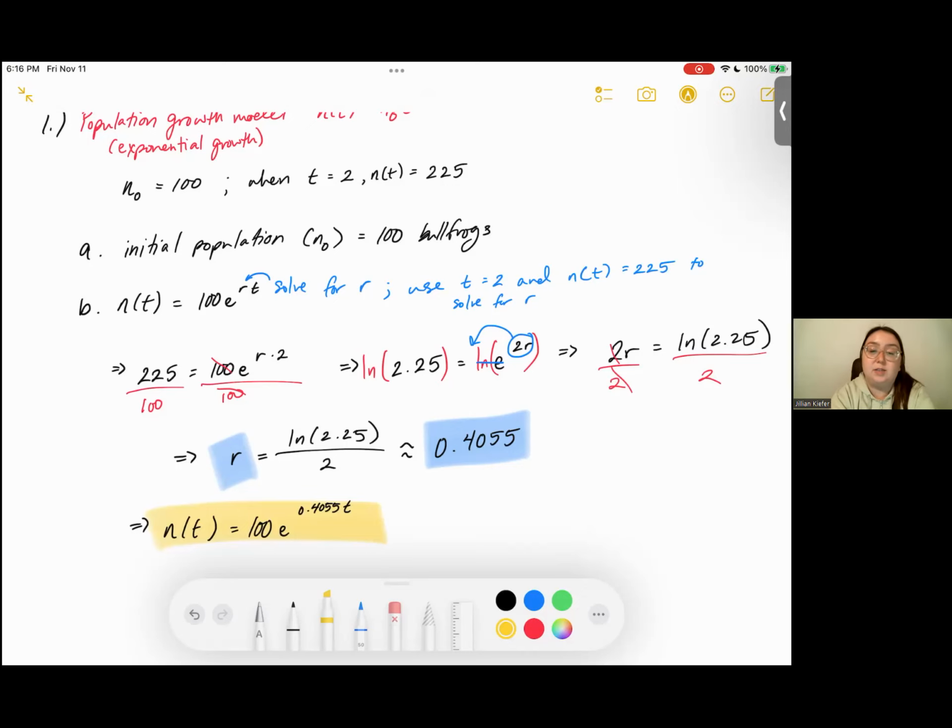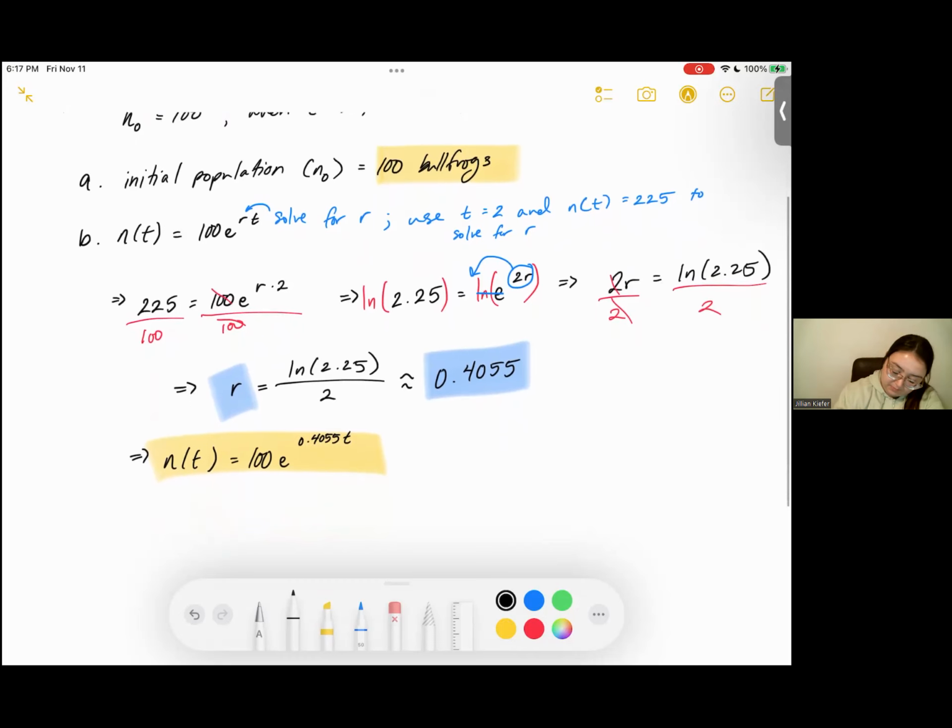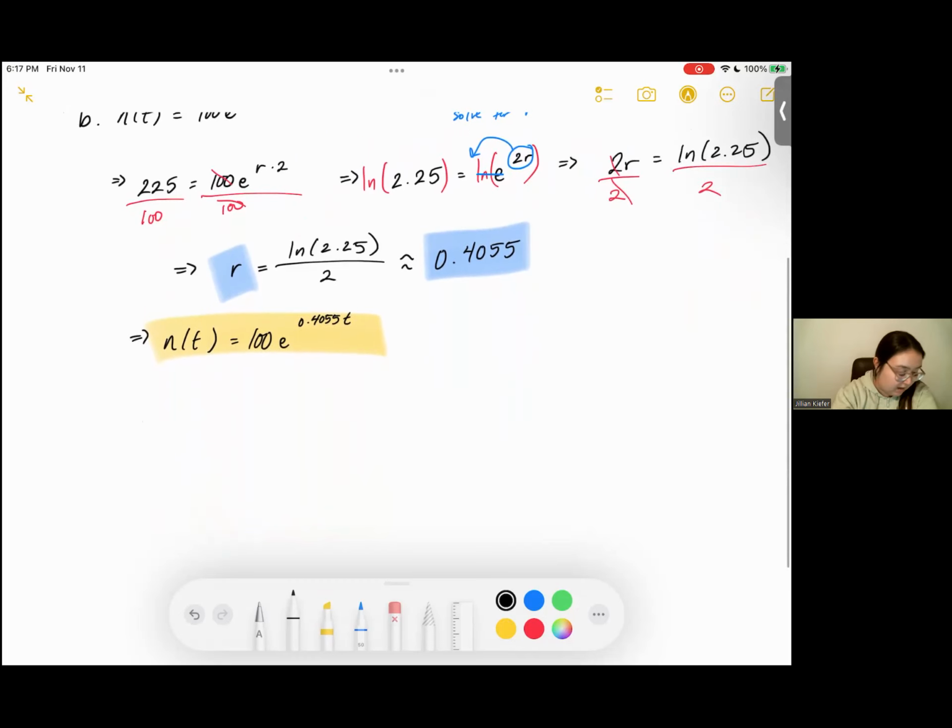So part B is just developing the equation for the given situation with the bullfrog problem. So part C was that we want to know how many bullfrogs are going to be in our population in 15 years. So we can use the equation from part B to plug in 15 for t.